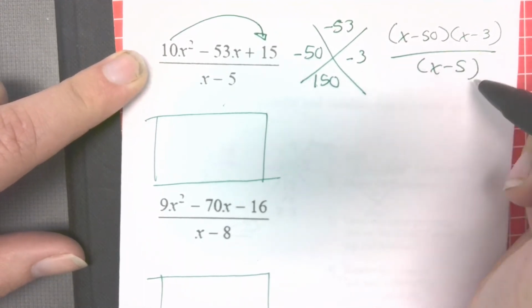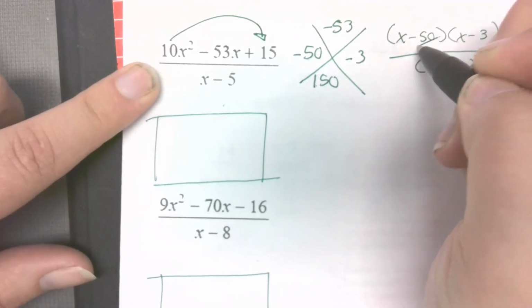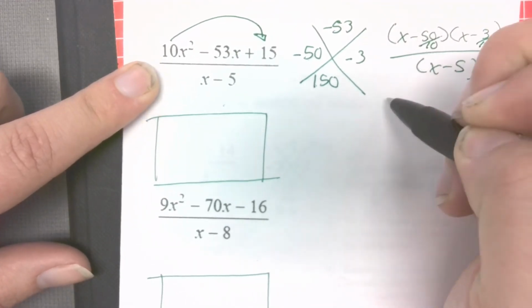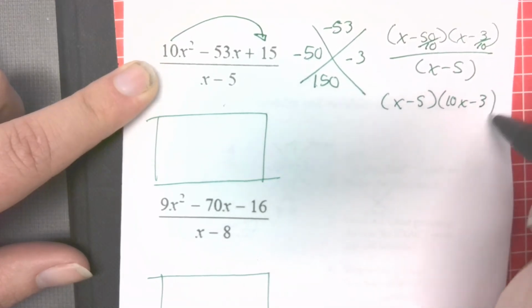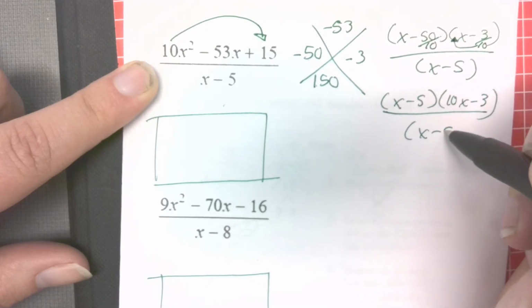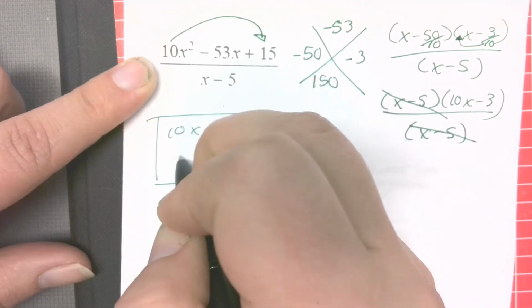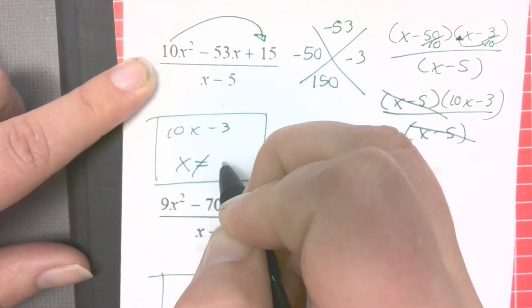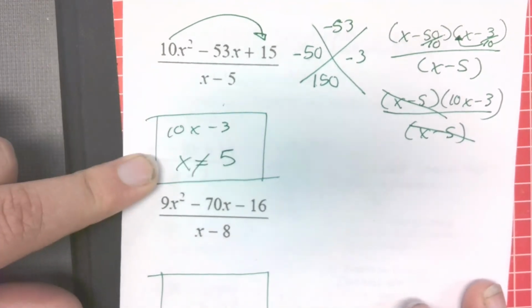Can you guys see that nothing crosses out? That should be a big hint that you forgot to do your division. So we got an x minus 5, 10x minus 3, because if it doesn't reduce, we go ahead and put it in front. 10x minus 3. X can't equal what, guys? Yeah, just 5, right? Easy cheese.